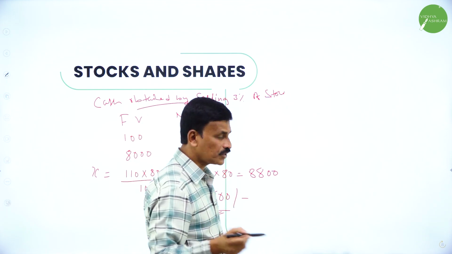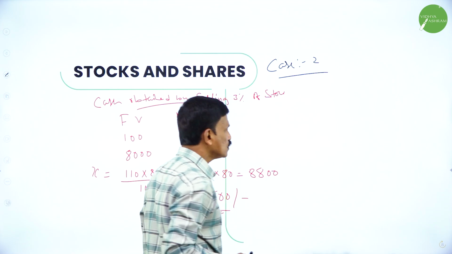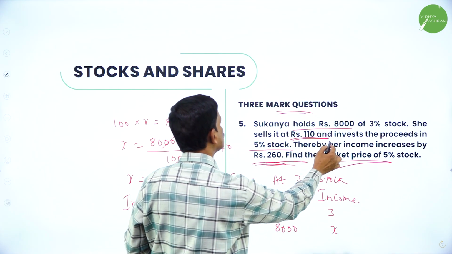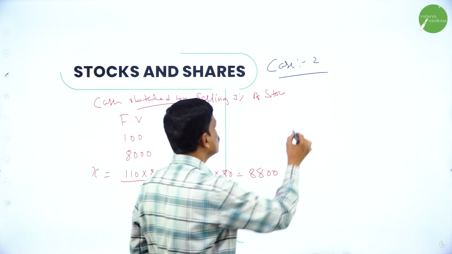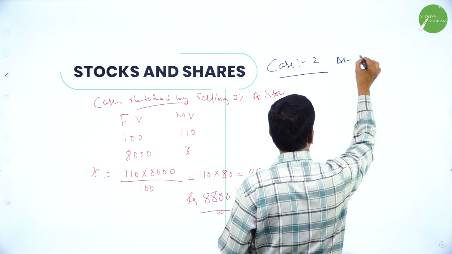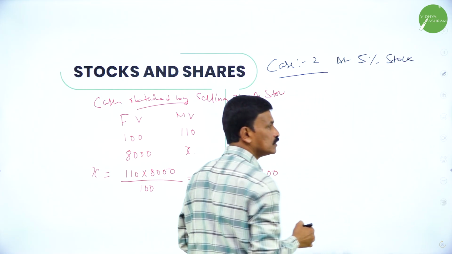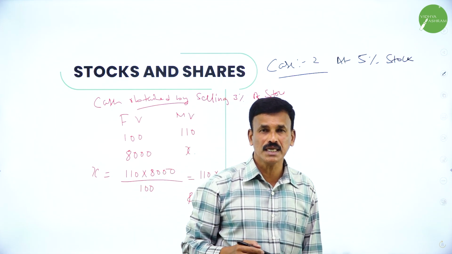Right. Move on to case 2. She invests the proceeds in 5% of the stock. So at 5% of stock, the money invested is rupees 8,800.